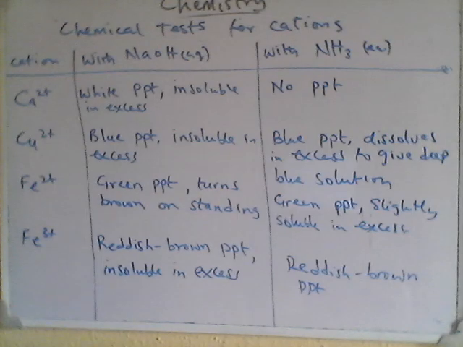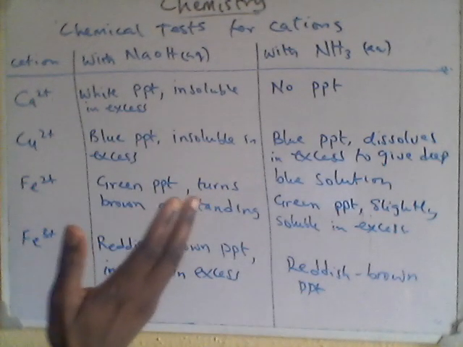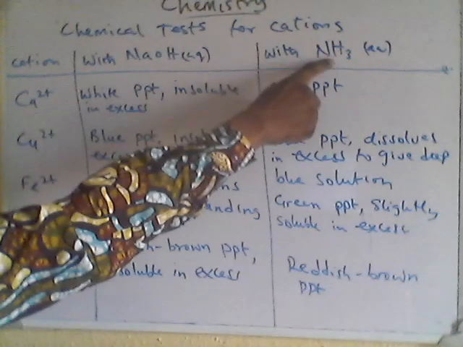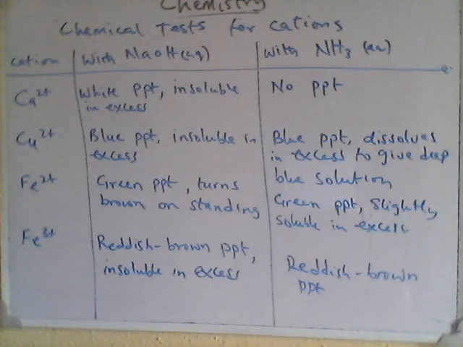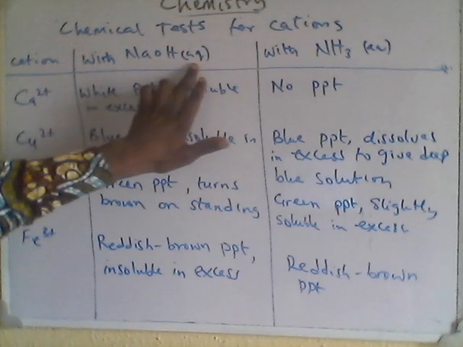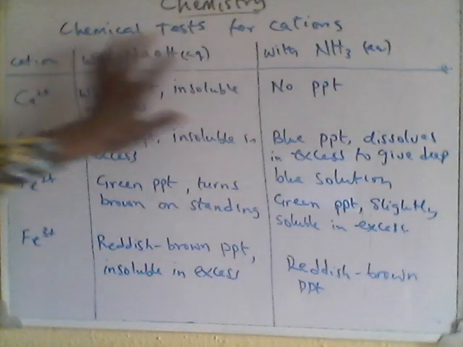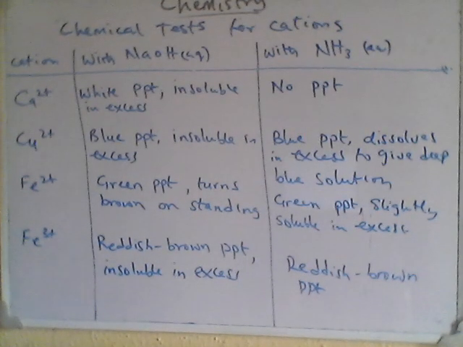But for chemical tests, these tests typically use sodium hydroxide and aqueous ammonia to observe precipitate formation or solubility. So we are using either sodium hydroxide aqueous solution or ammonia aqueous solution to observe for precipitate or whether they are soluble.